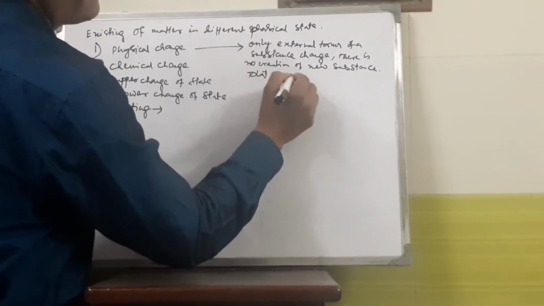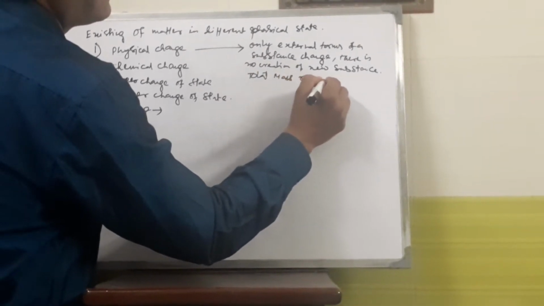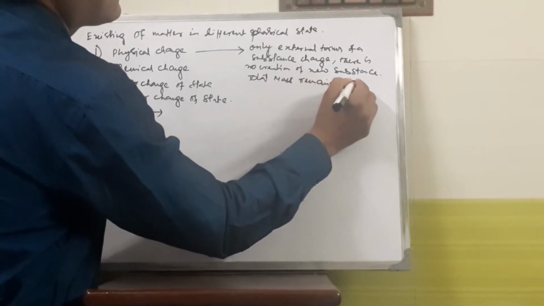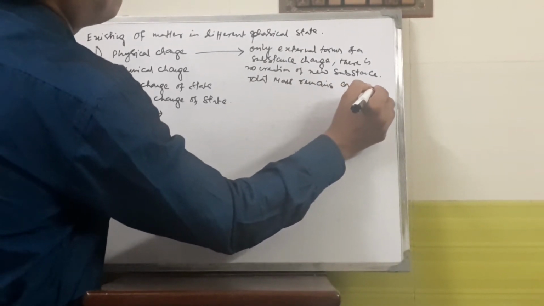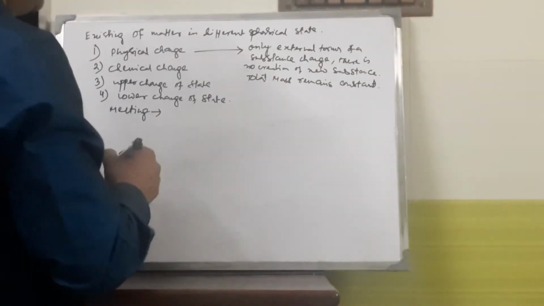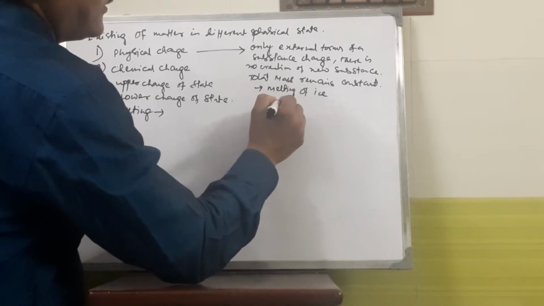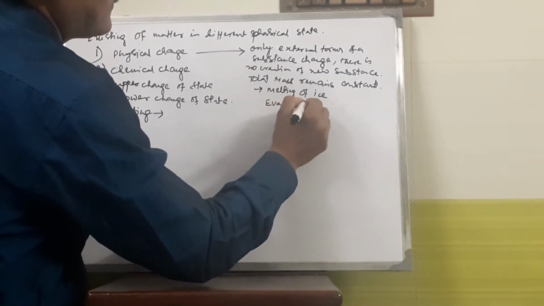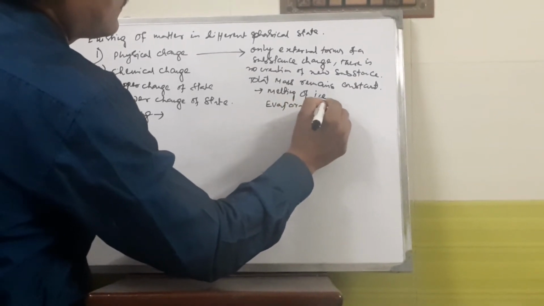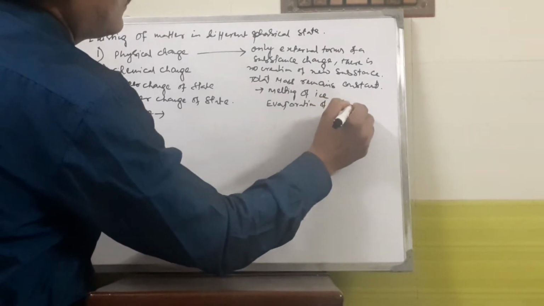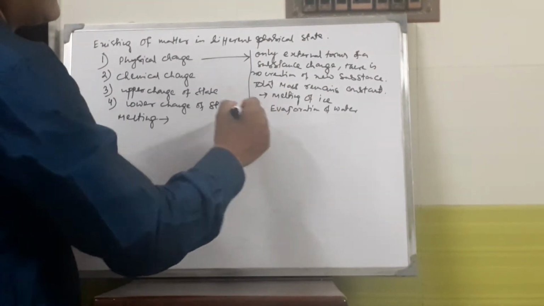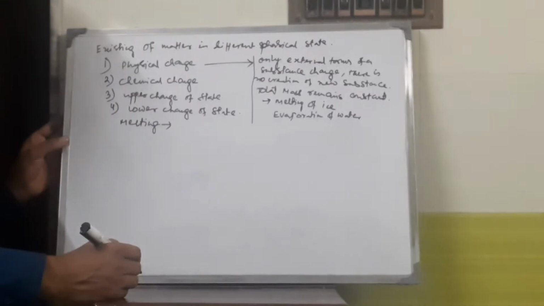Total mass remains constant, such as melting of ice, evaporation of water. These are all examples of physical change.